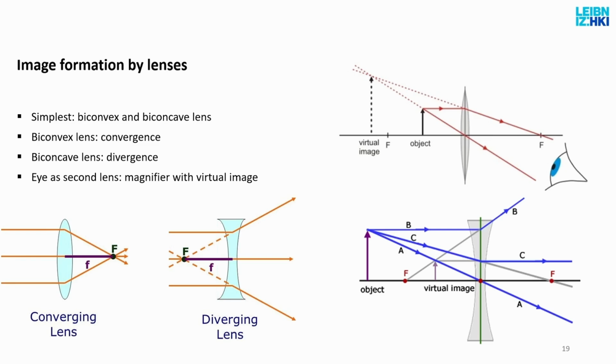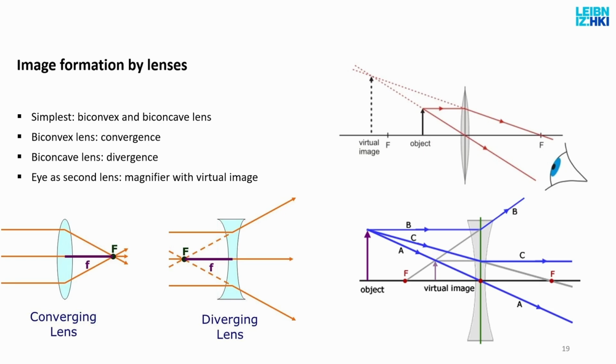Now, as you see, these are diverging. They are not converging, they are diverging. So if I put a piece of paper here, I will not see an image. But if I put my eyes there, my eyes are basically lenses. More complex ones, but still curved surface objects which are filled with pretty much water.